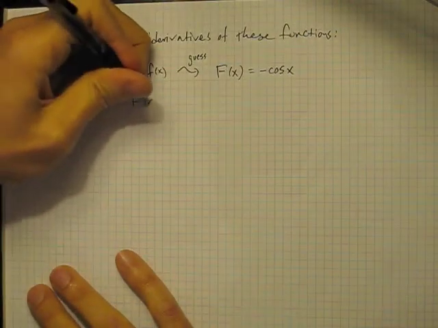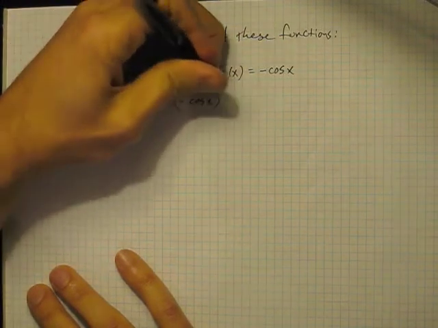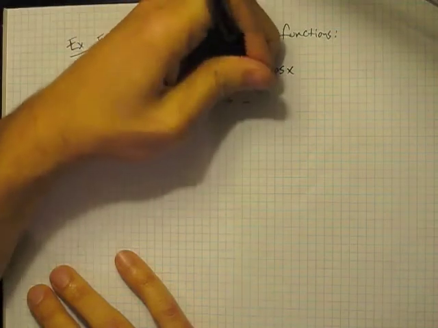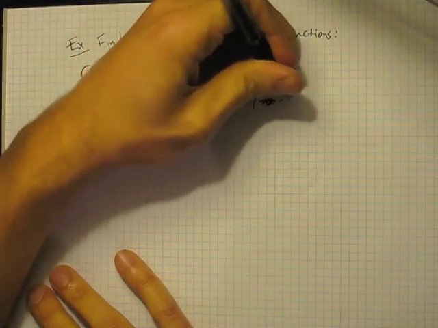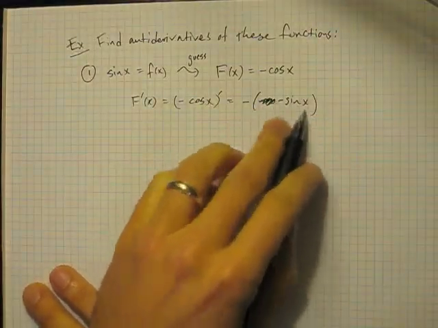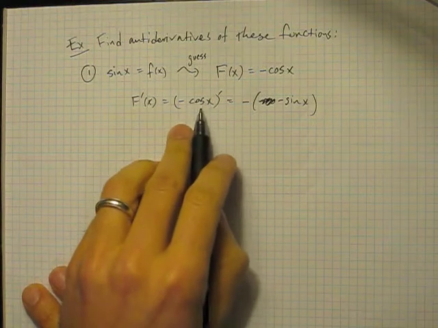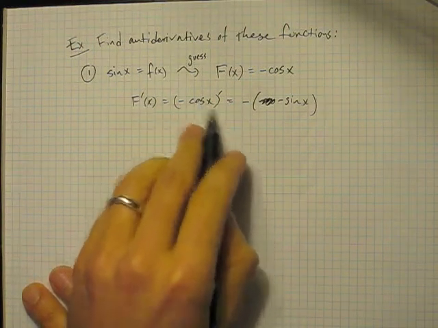F prime of x is equal to the derivative of minus cosine of x, which is minus times minus sine of x. And then the minus sine of x is the derivative of cosine. The negative here comes along for the ride because it's just a constant on the outside of this function.